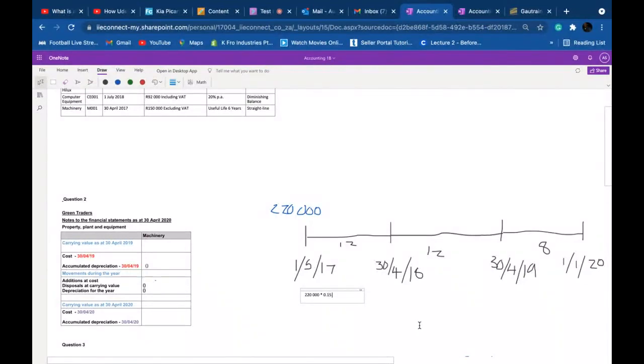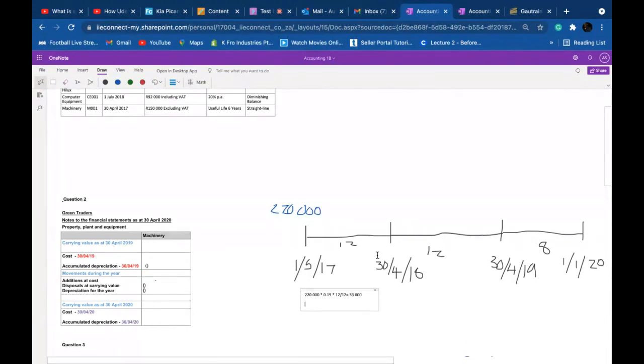And that was for 12 months. I'm just going to write this out for you guys to see. 12 over 12, which is the same as 1. So if you punch that into your calculators, you get 33,000.